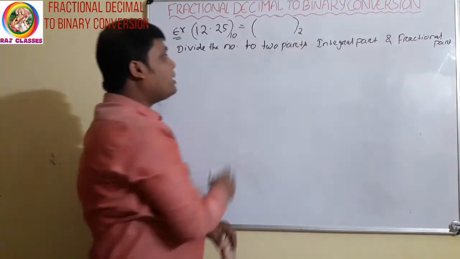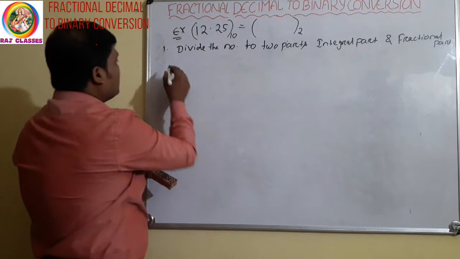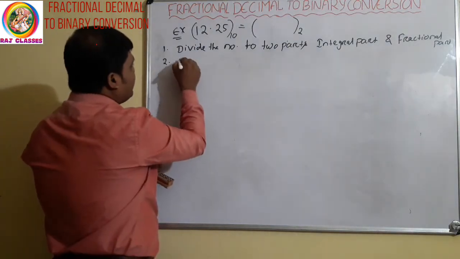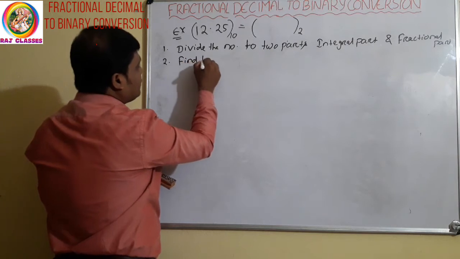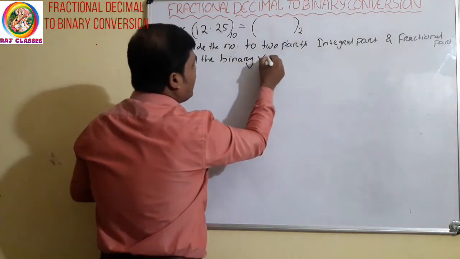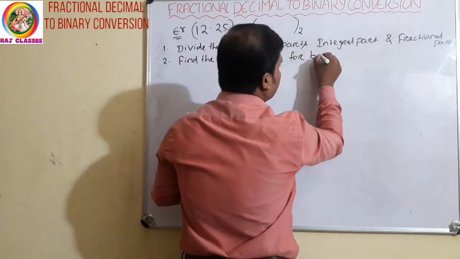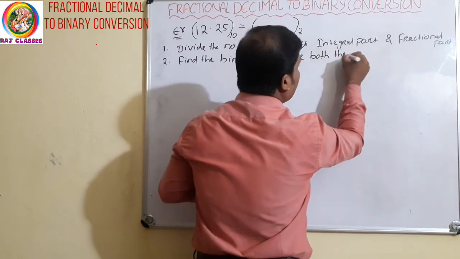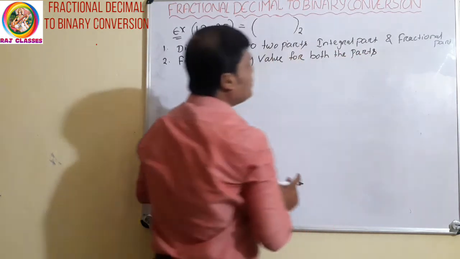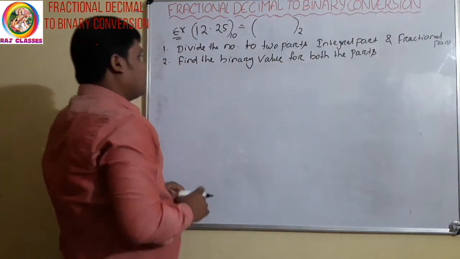Divide the number into two parts, that is, one integral part and one fractional part. Second, find the binary value for both the parts, both for the integral part and for the fractional part.